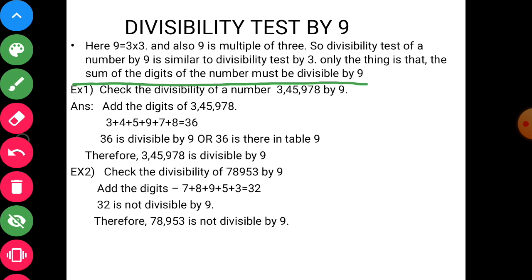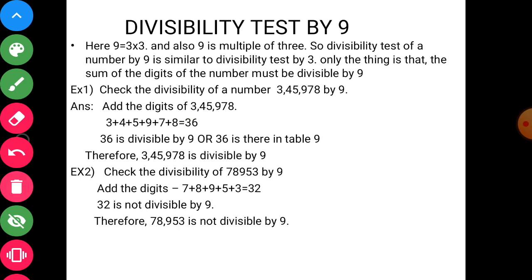Here I have written. Now let us see the examples. Check the divisibility of the number 3,45,978 by 9. Once again I am telling, no need to go for the long division method, it takes more time. Within a minute you can find this by adding the digits of the number, that is 3 plus 4 plus 5 plus 9 plus 7 plus 8.